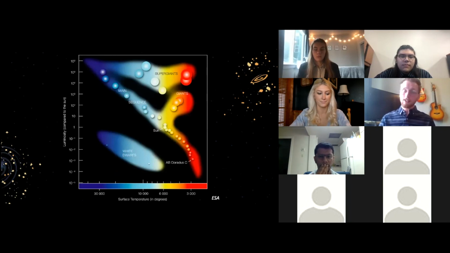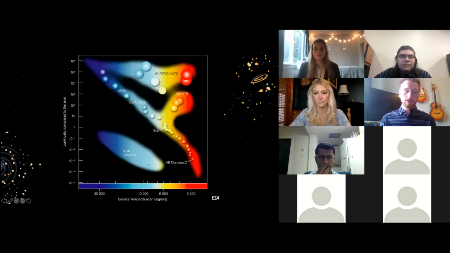When categorizing these sorts of stars, astronomers have some important nomenclature to know. This picture is what is called a Hertzsprung-Russell diagram, or an HR diagram for short. An HR diagram plots a star based upon its color, which correlates to its surface temperature, on the bottom part of the graph. On the y-axis, it plots based on its magnitude or its luminosity, which is just how bright the star actually is.